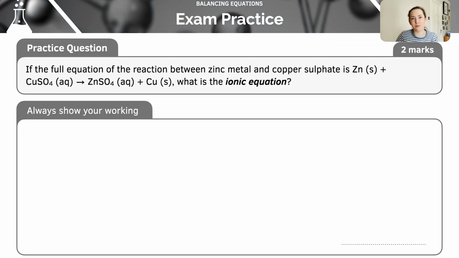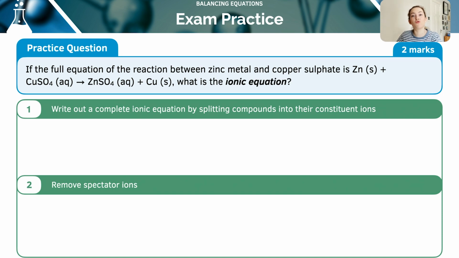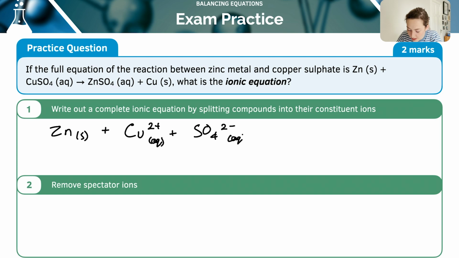Here's a practice question. I'm going to split everything up into its constituent ions. Zinc is solid, so we're not going to do anything with that. Now copper sulfate, because it's aqueous, we are going to split those up: Cu2+ and SO4 2-. You need to have a good, strong understanding of polyatomic ions. Both of those are aqueous, so I'm going to put aqueous there.